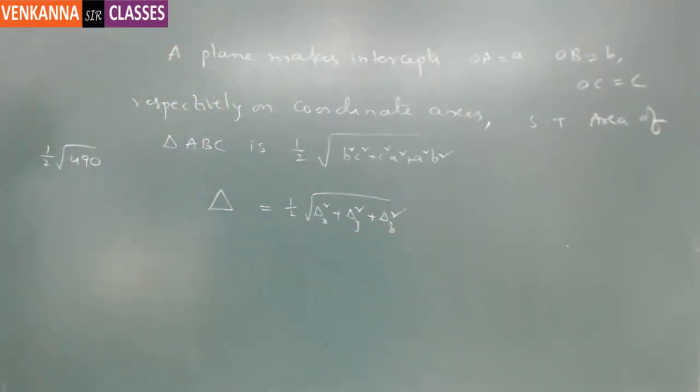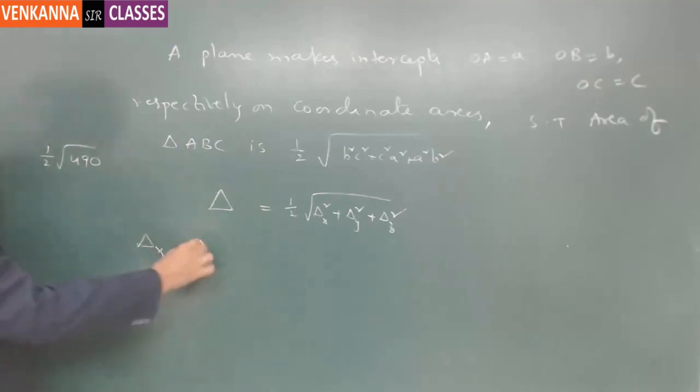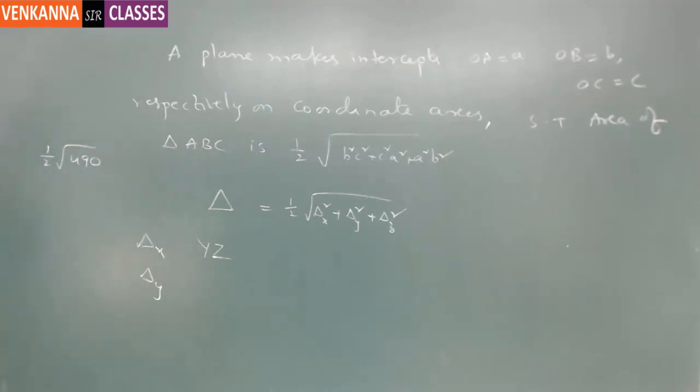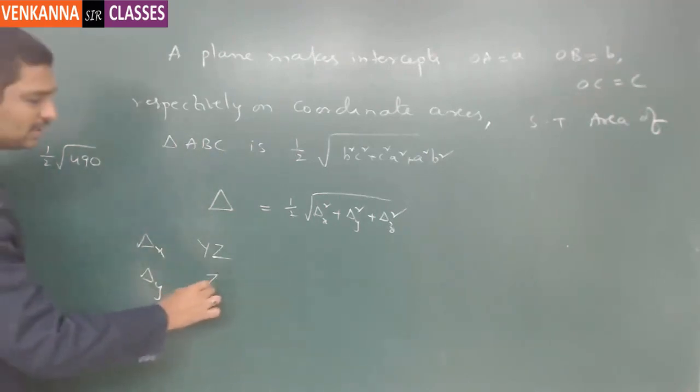Now what actually delta x gives to us is nothing but the projection of triangle ABC on YZ plane. Delta y is the projection of triangle ABC on ZX plane.